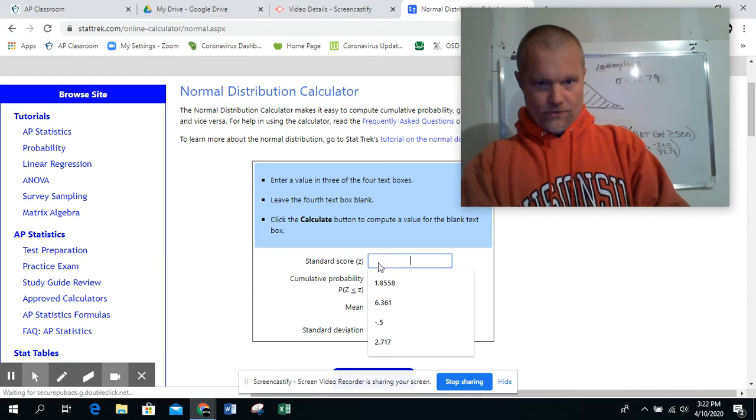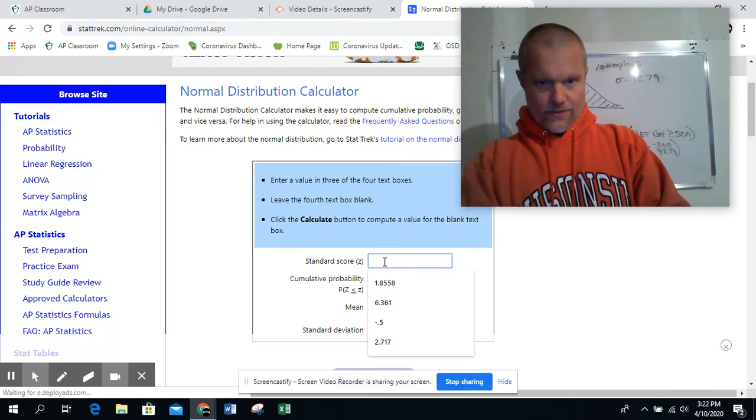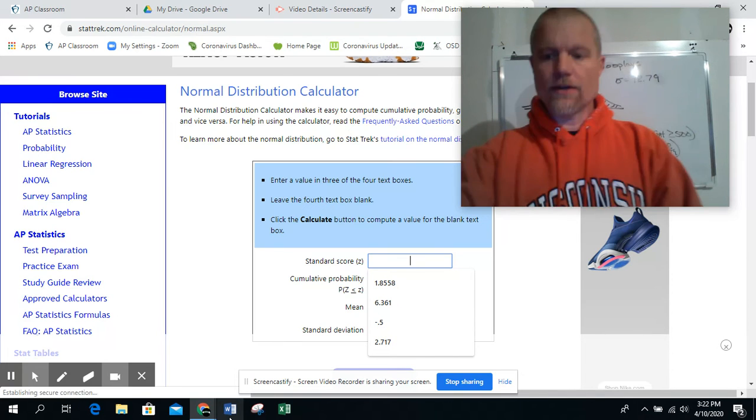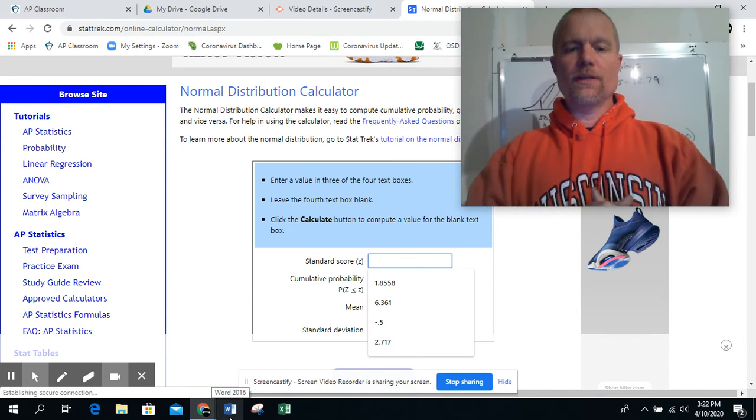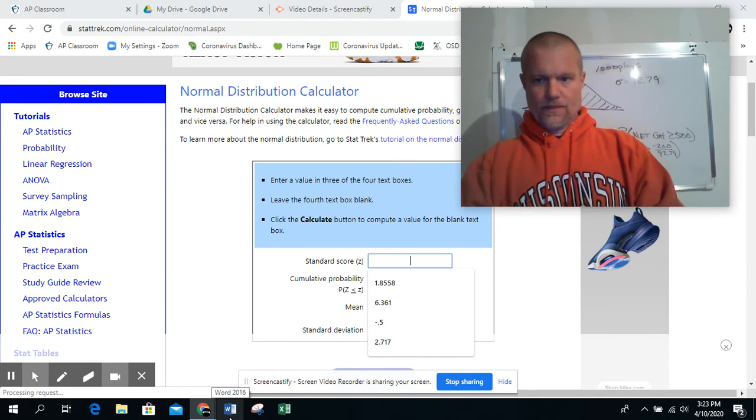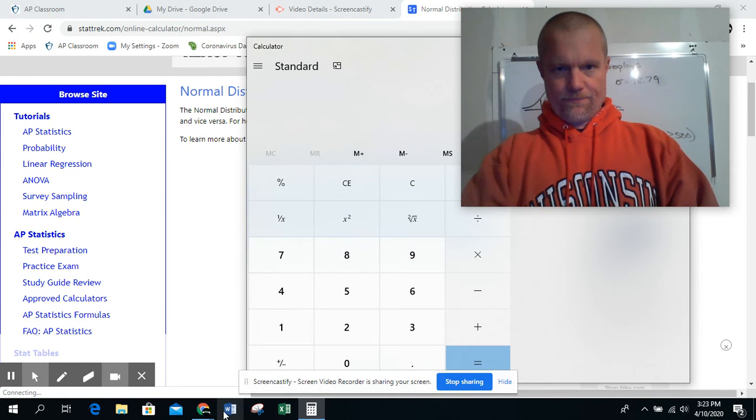Okay, the standard score. Oh, I don't know that. This one needs you to do that, so let's get out the calculator and do that. This one is not as good a one, I would say right away.